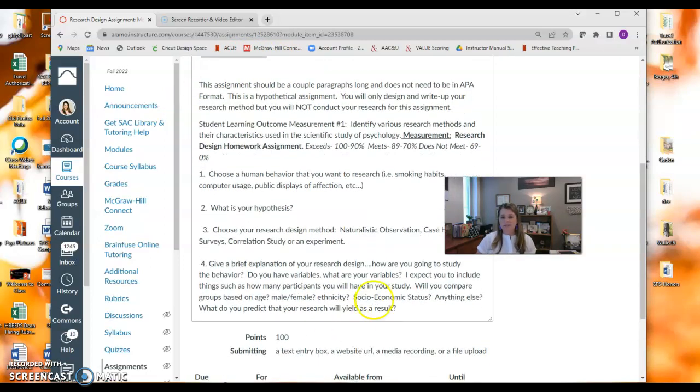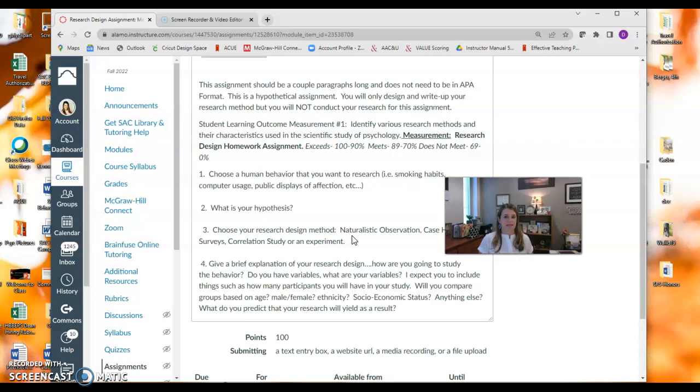I do want to say I am much more interested in your thought process than I am in formatting or APA citation or anything along those lines. So when there's an assignment like last week where you had on the historical perspectives and you needed to cite those in APA format, this one you do not, okay? So I will always let you know when that's important.